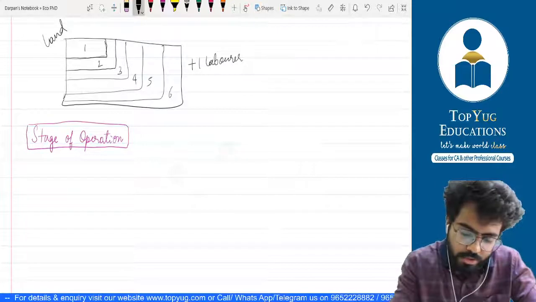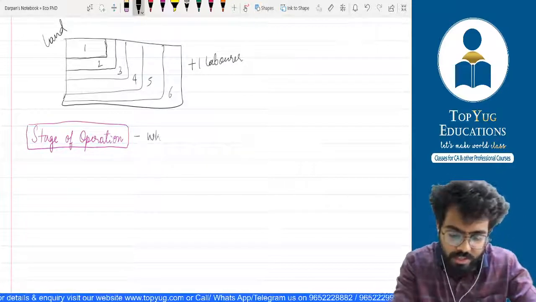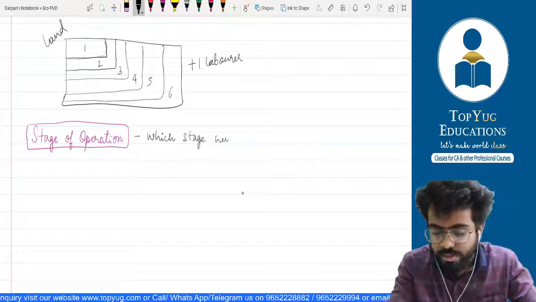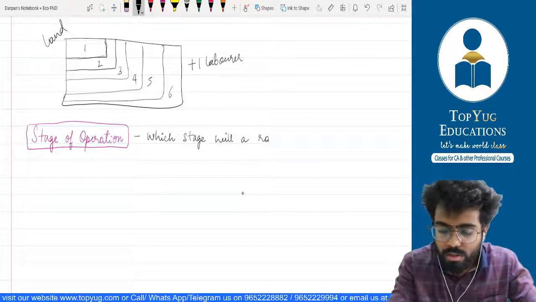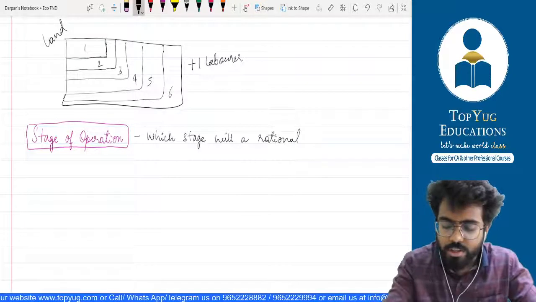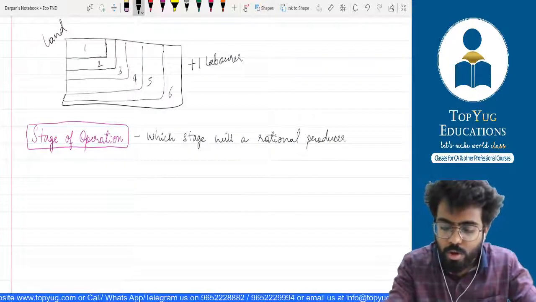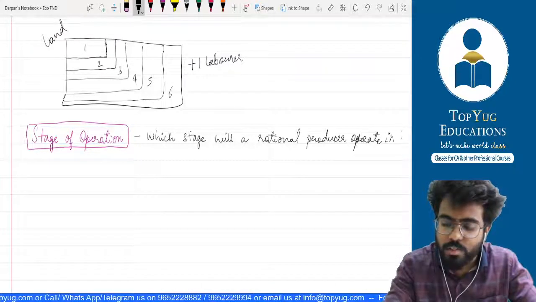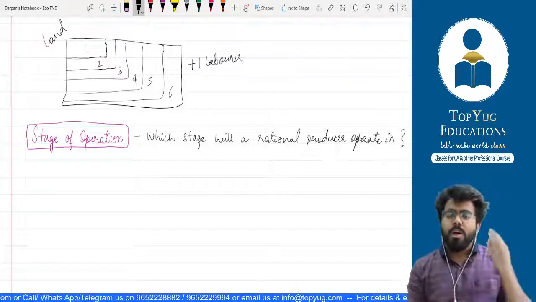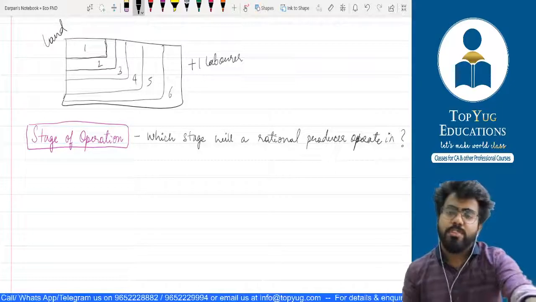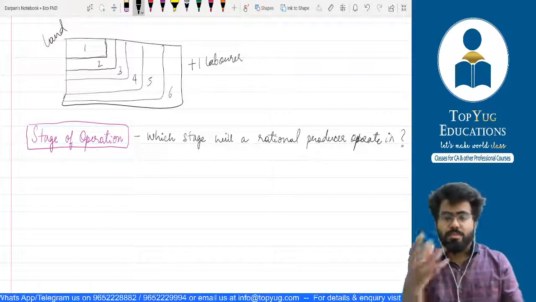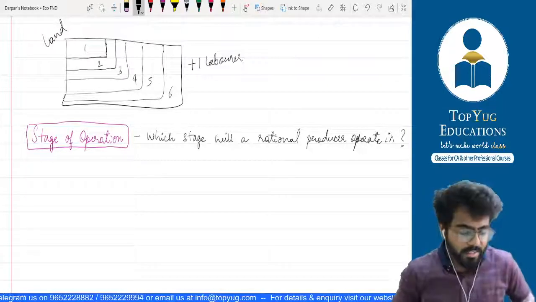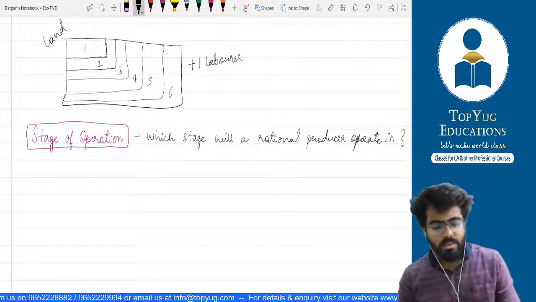Which stage will a rational producer operate in? Will he operate in stage 1? Will he operate in stage 2? Or will he operate in stage 3? Just think for a moment and let me know.